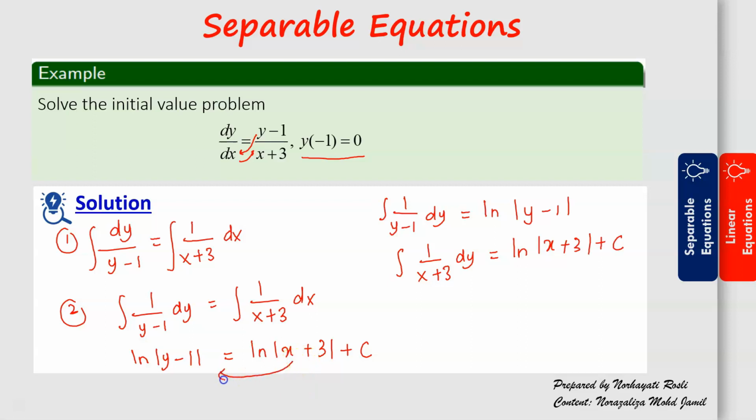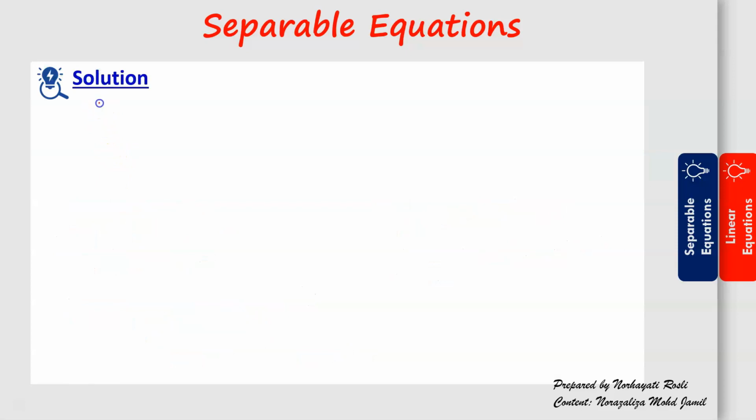First, we move this ln to this side, collecting all ln at the same side. So here we have ln(y minus 1) minus ln(x plus 3) equal to c. Then remember the law of logarithm: when it is minus, we can write it in terms of division. So we have ln of (y minus 1) divided by (x plus 3) equal to c.